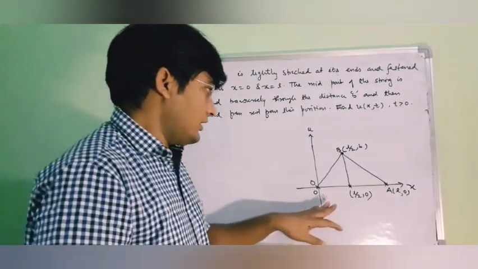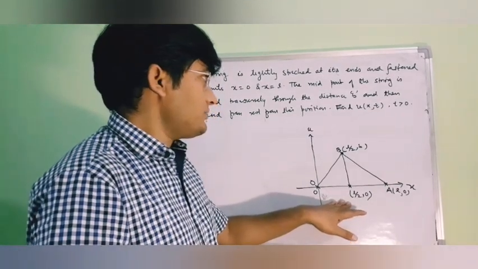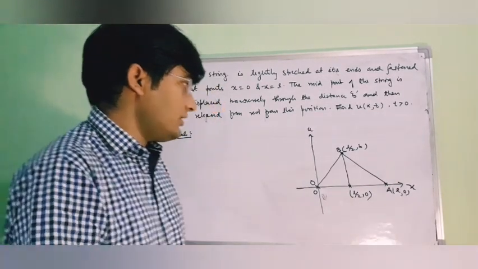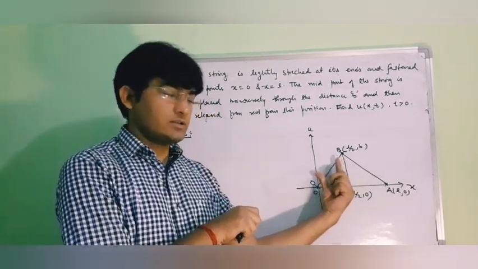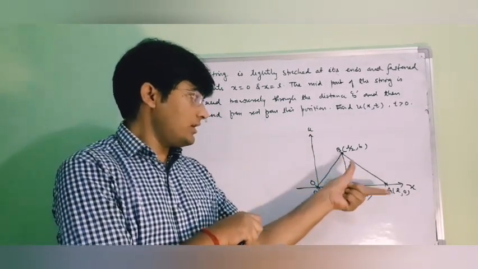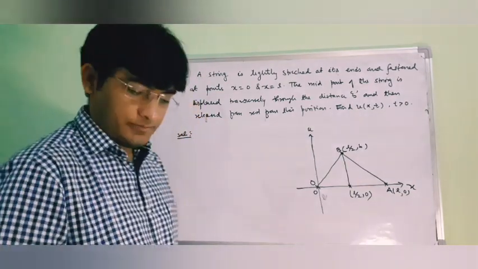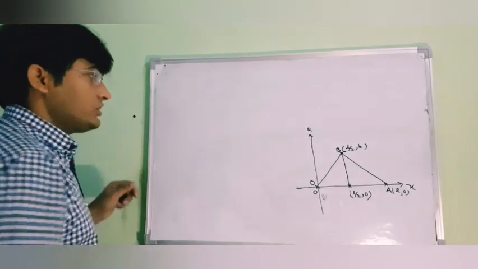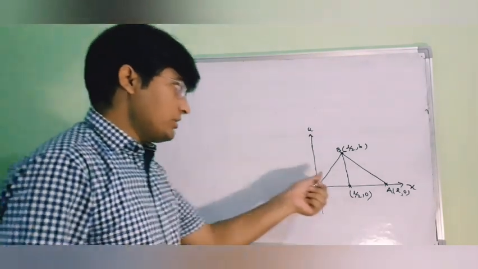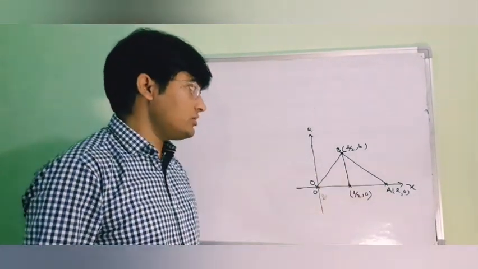Now to find the displacement of the string at some time t, let us find out the initial displacements, that means the distance OB and the distance AB. The initial displacement means when the time is 0.